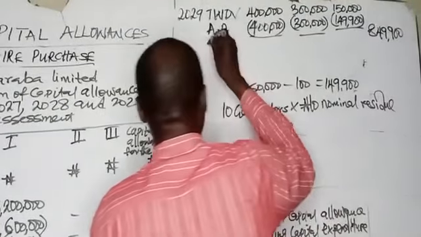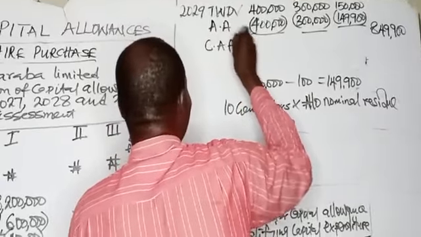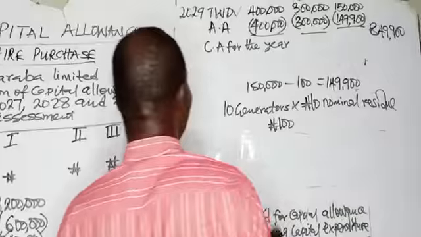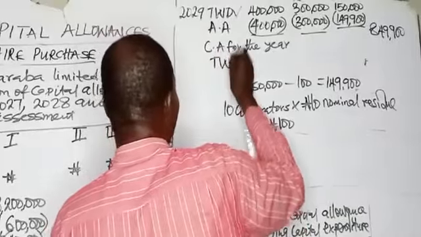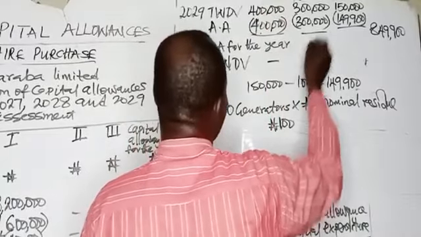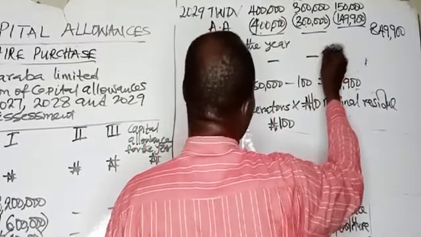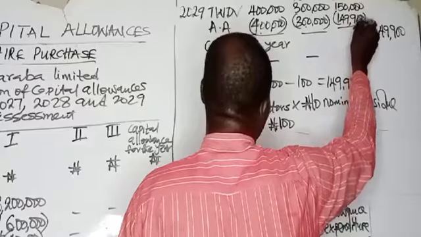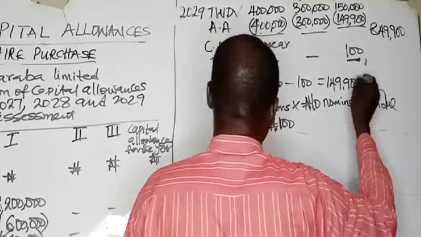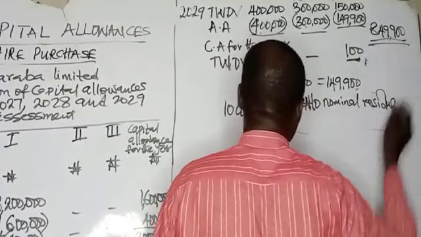That is the capital allowance for the year. So the tax written down value now: for this, 400 minus 400, nil. 300 minus 300, nil. Then here 150,000 minus 149,900, so you have 100. This 100 is the nominal residue you have retained. So that is the solution to the question.